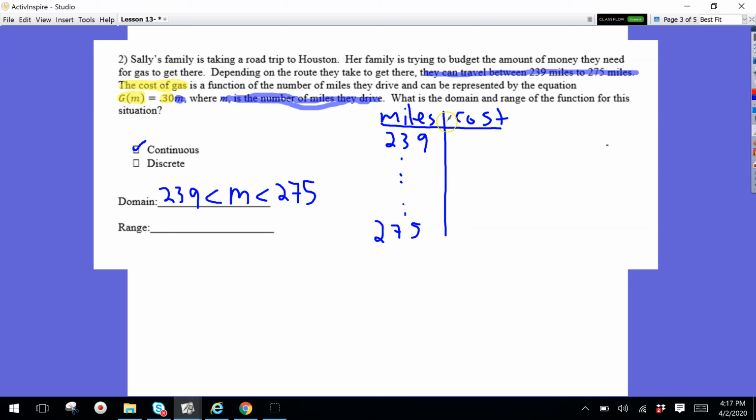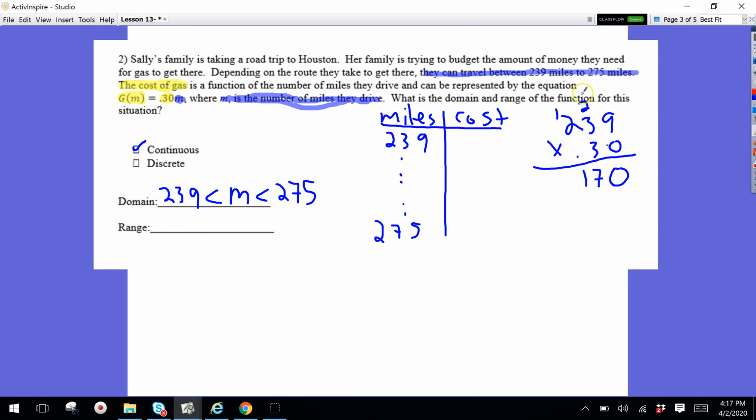And what we need to do is calculate what the smallest cost is if you travel 239 miles and the biggest cost. So first we're going to do 239 times 0.30. And so we're going to put 0 as a placeholder here, and 3 times 9 is going to be 27. 3 times 3 is 9, plus 2 is 11.